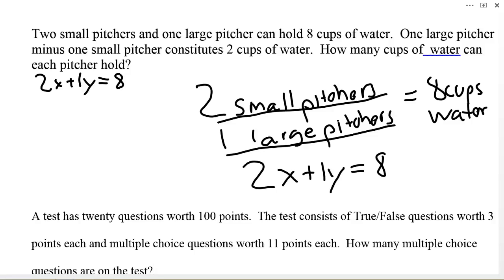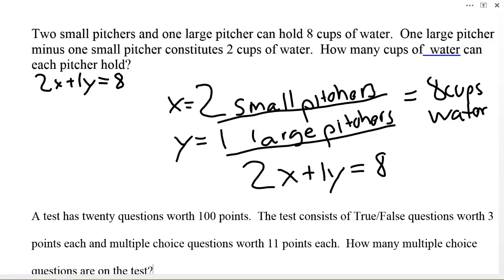So remember we said that, I'll write it right here. We decided, and it doesn't really matter which one you use, to be honest, you could have used Y for the small pitchers and X for the large pitcher. Just make sure that whatever variable you designate, you are consistent with it.